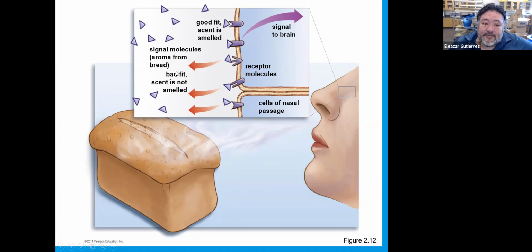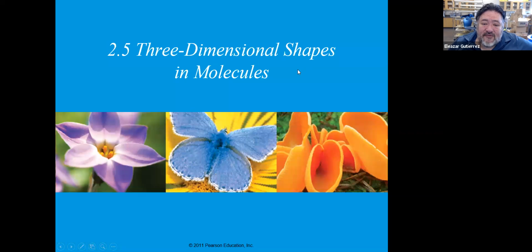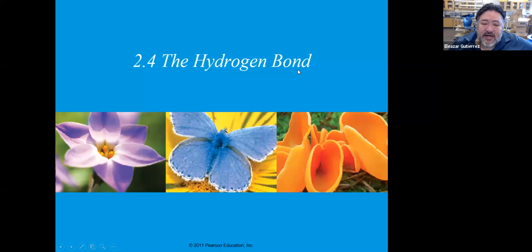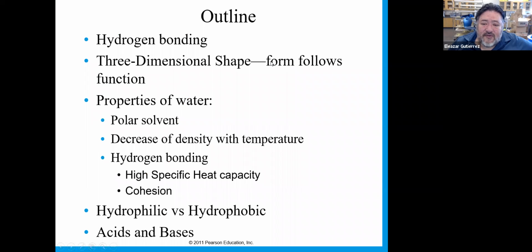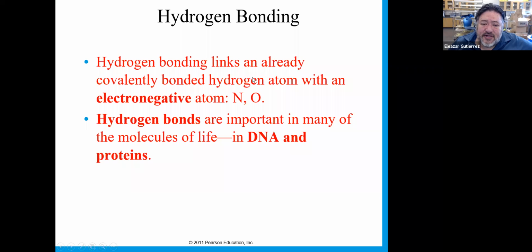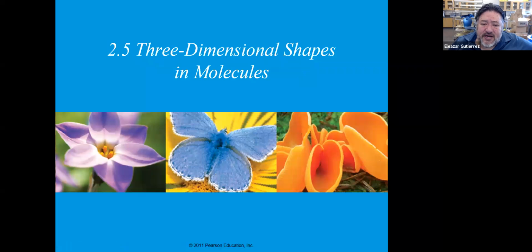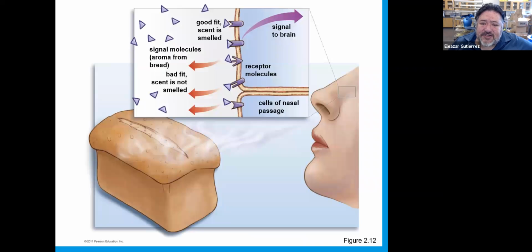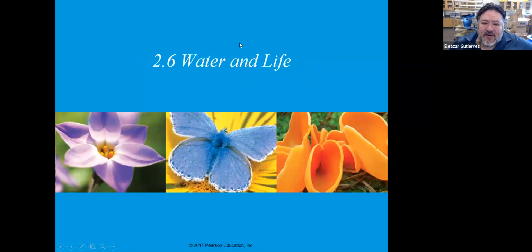So again, form follows function. If a molecule has a particular shape, it is because it needs to have that shape in order to carry out its job. So the three-dimensional shape of a molecule is incredibly important.